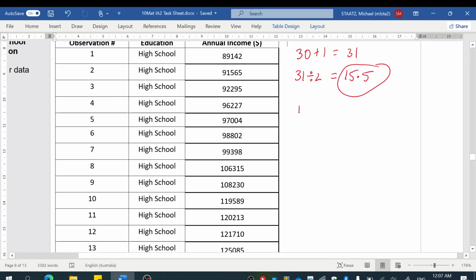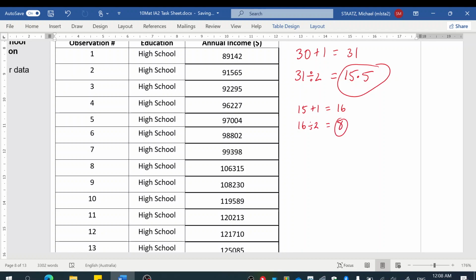Writing down 15, adding 1 gives me 16. Taking that 16, dividing by 2, that's 8. That tells me I need the 8th observation. So if I come down, 1, 2, 3, 4, 5, 6, 7, 8, I need the 8th observation.